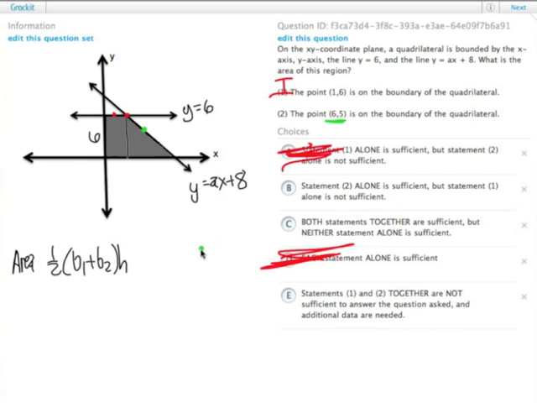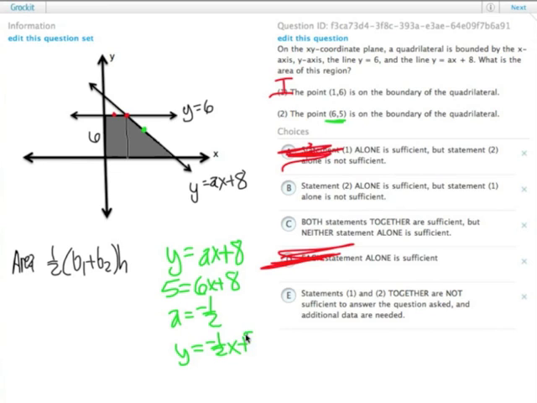If we do that, we have y equals ax plus 8. We plug in our two values, so 5 equals 6a plus 8. We end up with a equals -1/2. Therefore, the equation of the line is y equals -1/2 x plus 8.